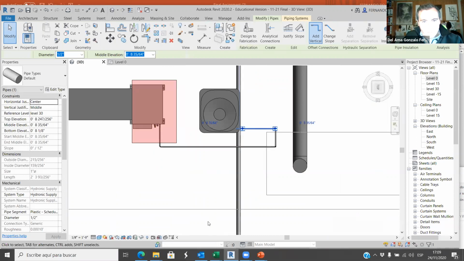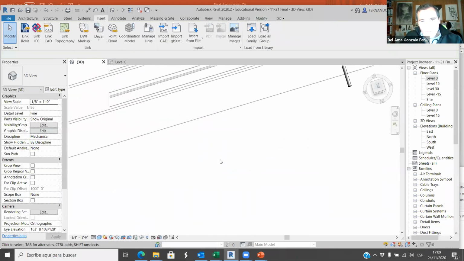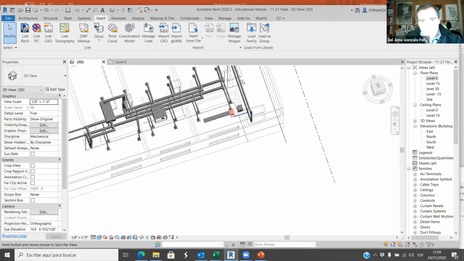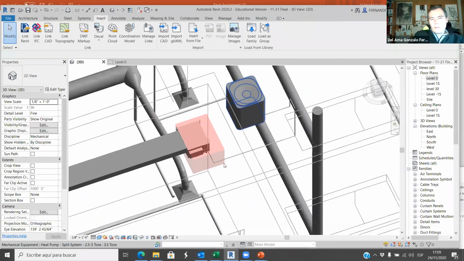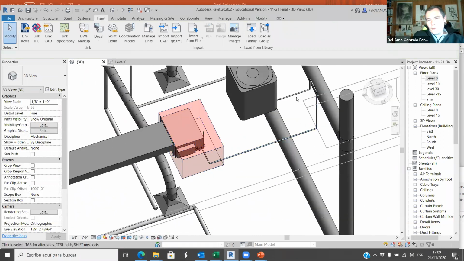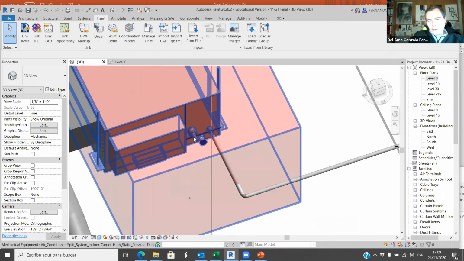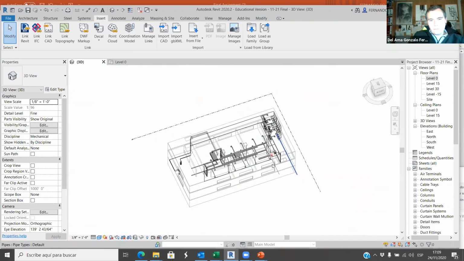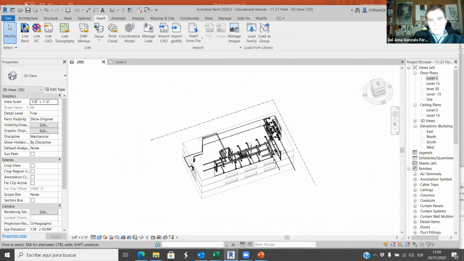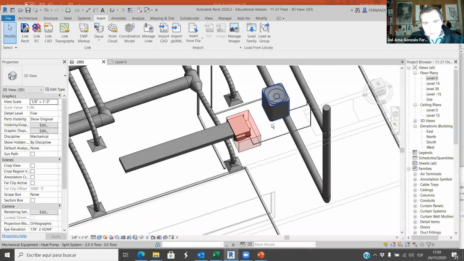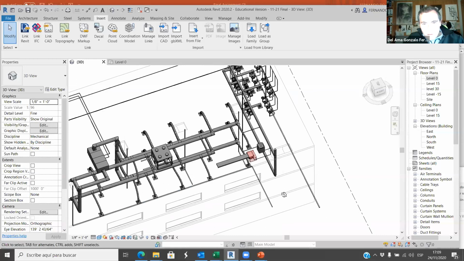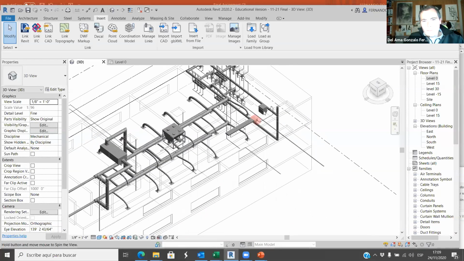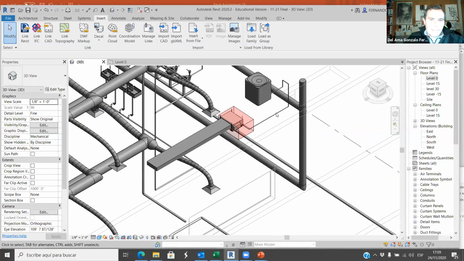There you go. Okay, so I have connected this inlet to this outlet, and now I have to connect the outlet to this inlet. Okay, this is it.